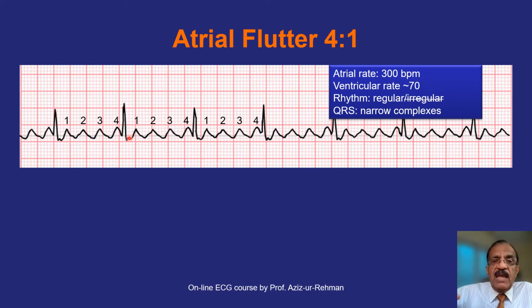It could vary in the same ECG strip, or it could vary from time to time. At one time it was 3:1 and at other time it was 2:1. But it cannot be 1:1, right? Because in no circumstances can the AV node allow 300 beats per minute to pass into the ventricles. It has to be at least 2:1.